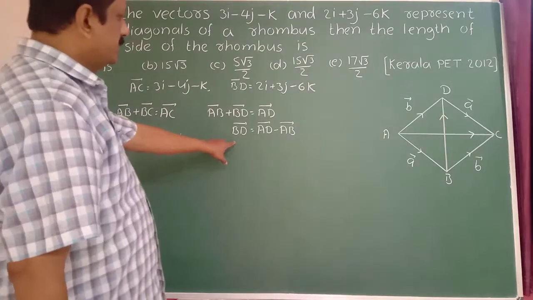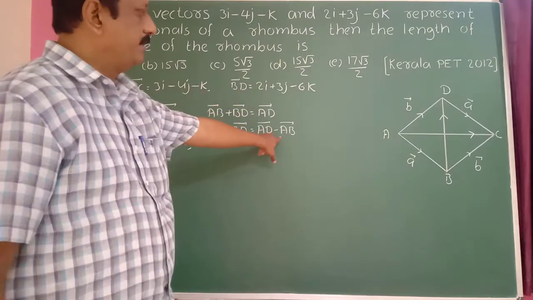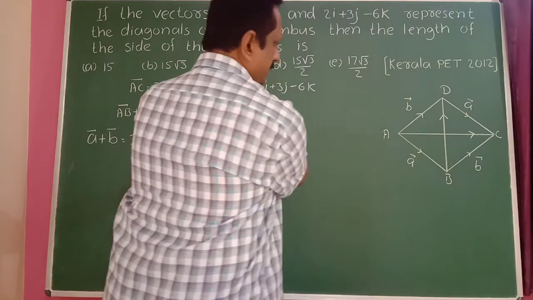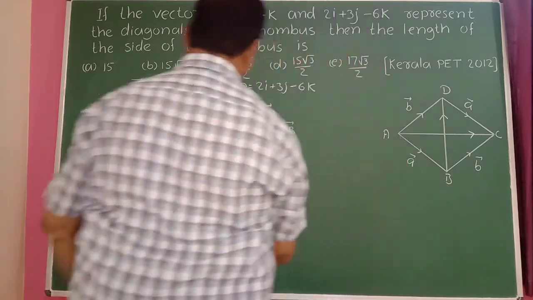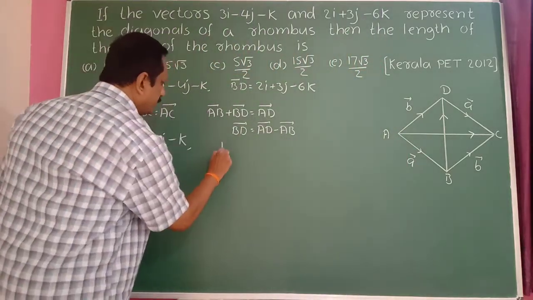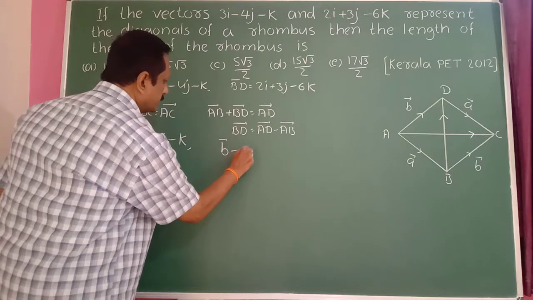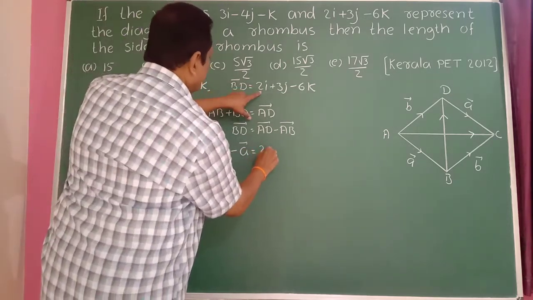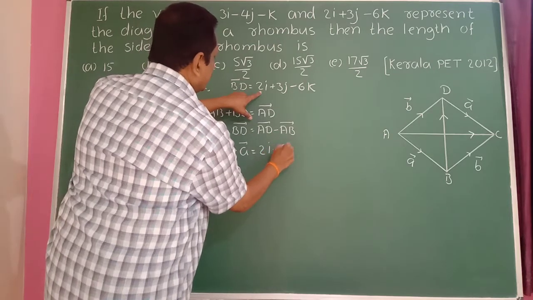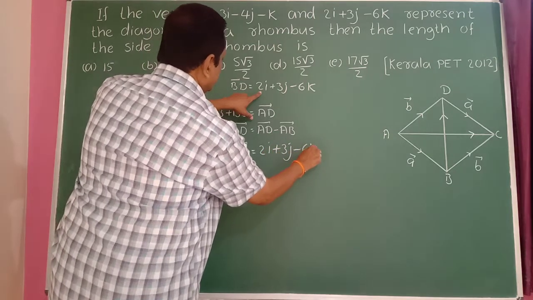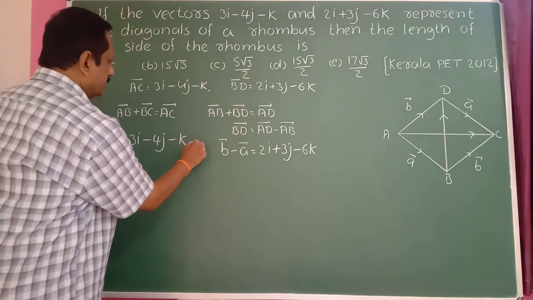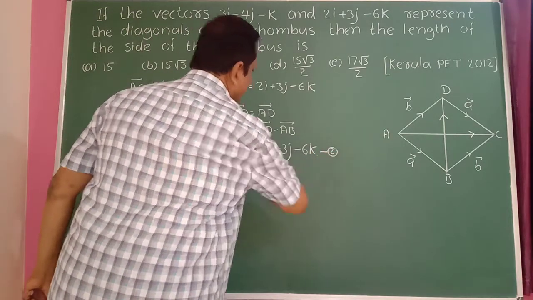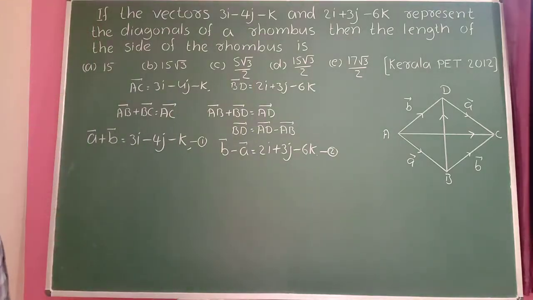And BD is this vector here, AD minus AB. Here AD is this vector b bar, and AB is a bar. So b bar minus a bar is equal to 2i plus 3j minus 6k. Take this one as equation number 1 and this one as equation number 2. Then adding 1 and 2 here.